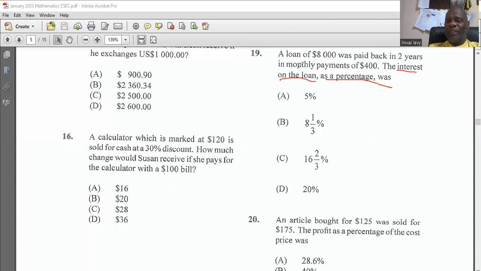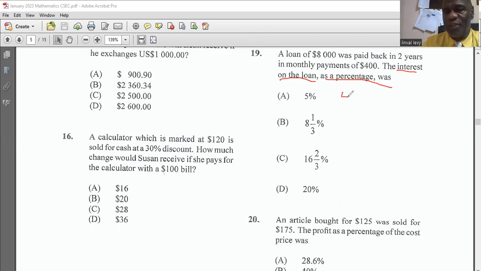Because it says you're paying $400 per month, all right? For 2 years. Good?